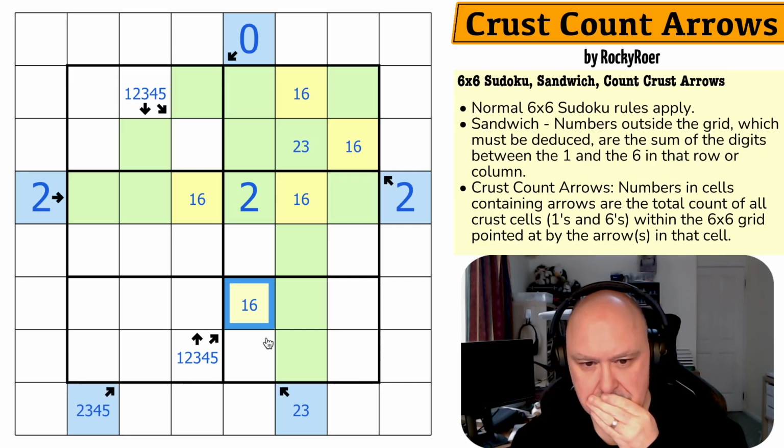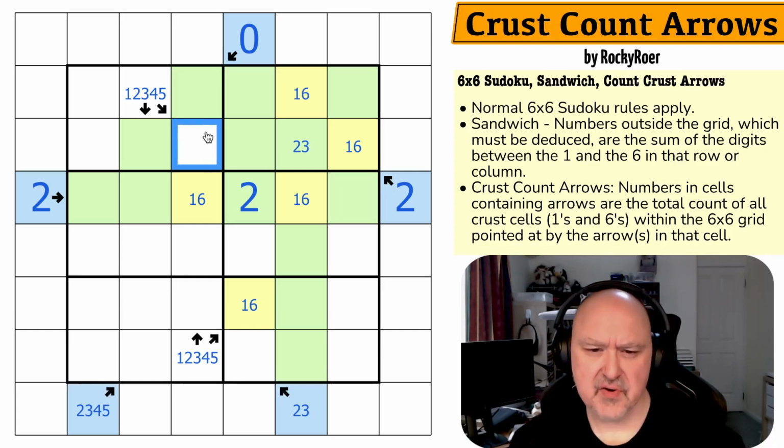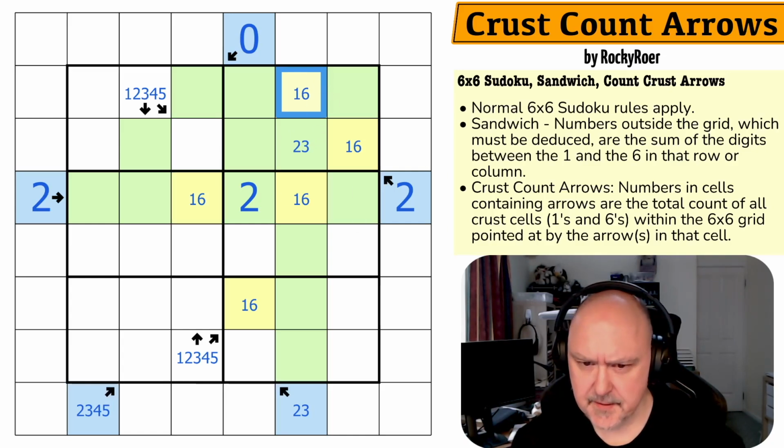That I don't think can be crust, because that sees those two digits, because that digit is that digit. Let me use Sudoku, because this, let's make this orange and this red.